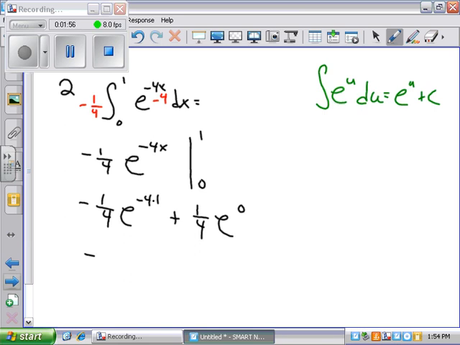So we have negative e to the -4th over 4, and e to the 0 is just 1, so plus 1/4. Did they leave it like that, or did they simplify it? It's strange that they left negative exponents in the answers. We didn't have to simplify it anymore. So it is choice D.